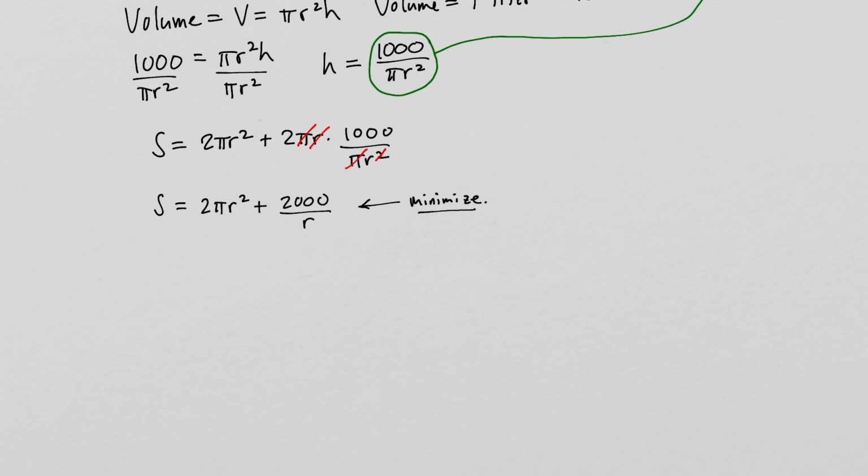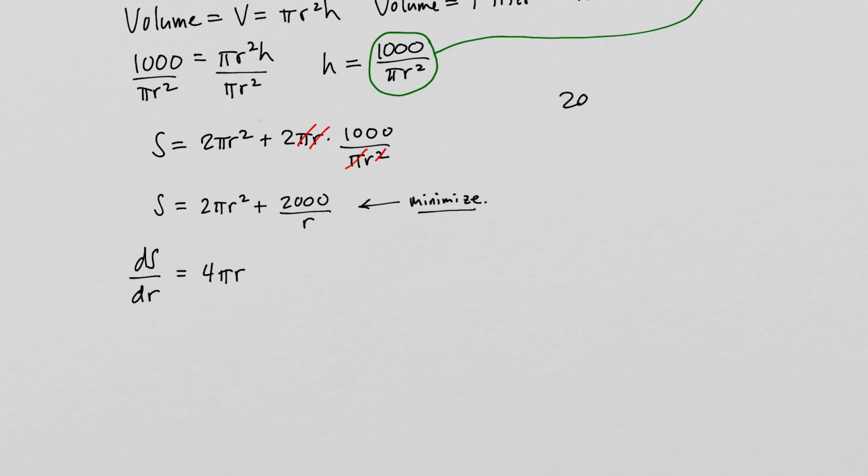So to minimize this function, we are going to take the derivative of that function s with respect to the variable r. The derivative here is going to be 4 pi r, just using the power rule, bringing the 2 down in front. 2 times 2 is 4 pi r to the 2 minus 1 power.